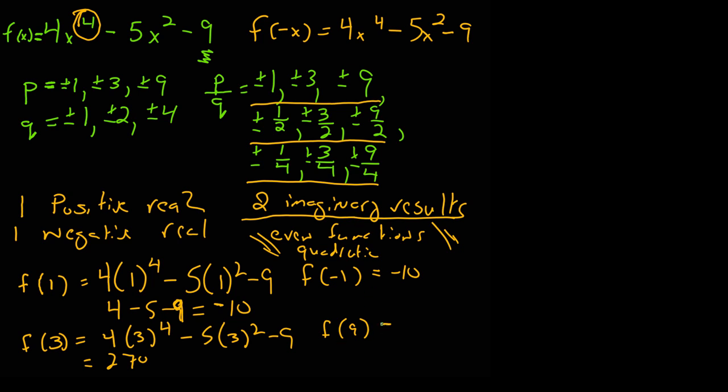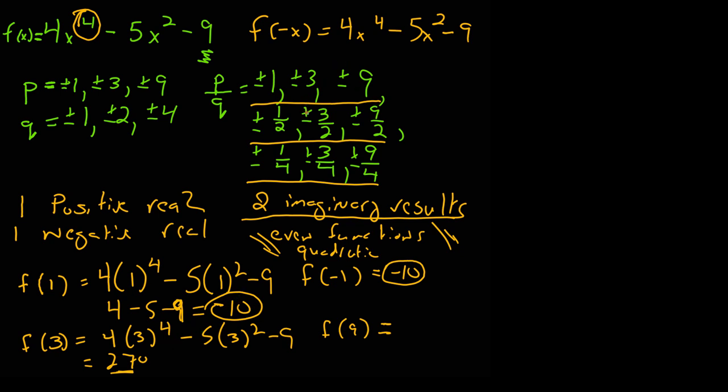I want to tell you right now, 9 is going to be a lot bigger than this, because our remainder changed from -10 to positive over here. We passed through 0.